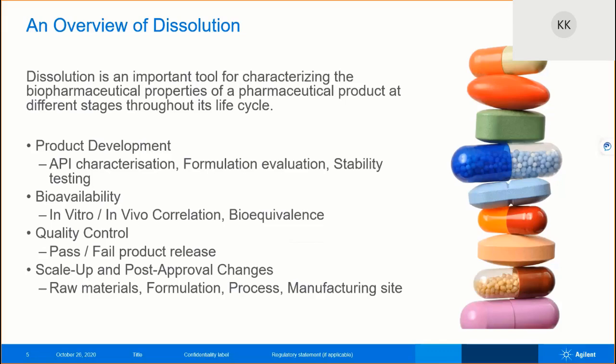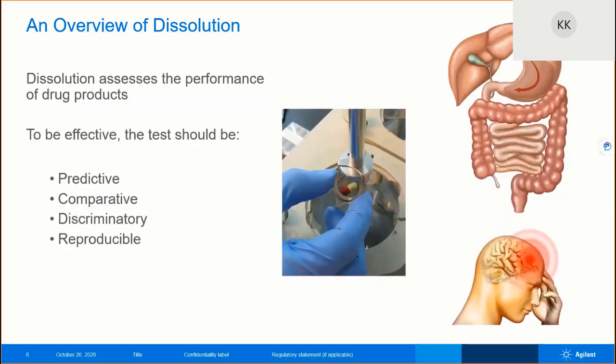But once you have released your product, you will continue to need dissolution testing for the scale-up and post-approval changes. If you change your raw materials, your formulation, the manufacturing process or your manufacturing site, you will do further dissolution testing and development.